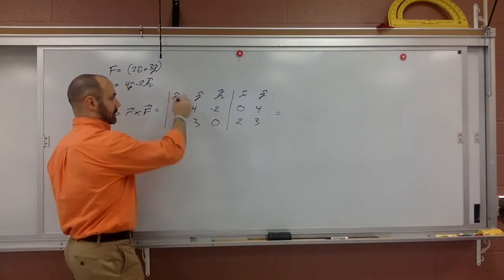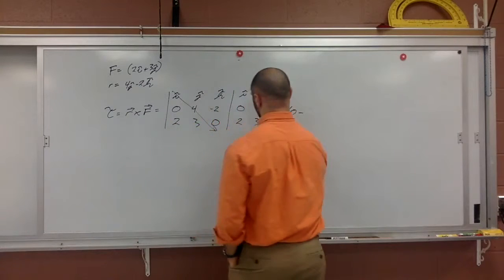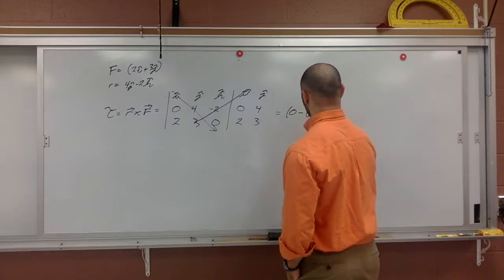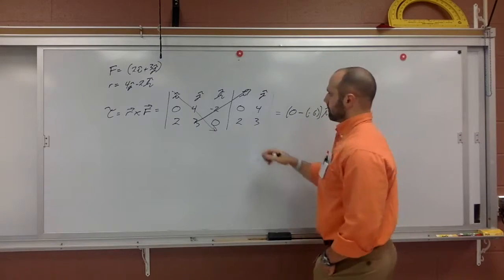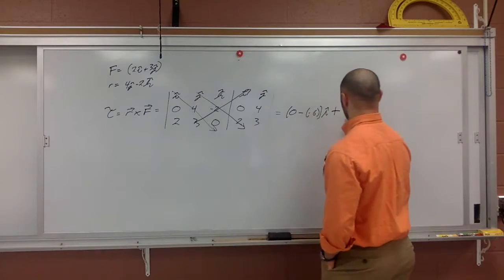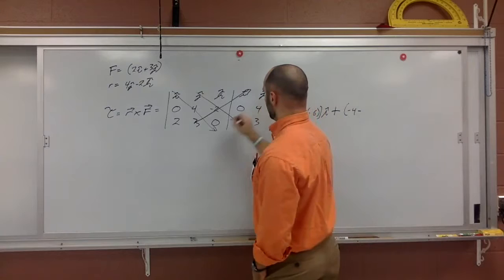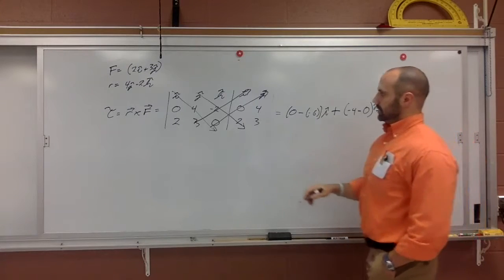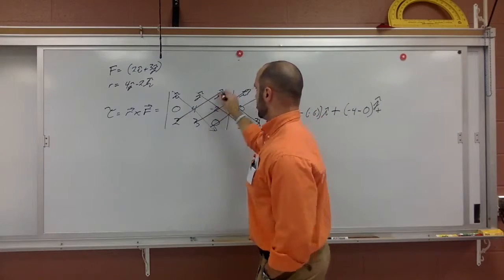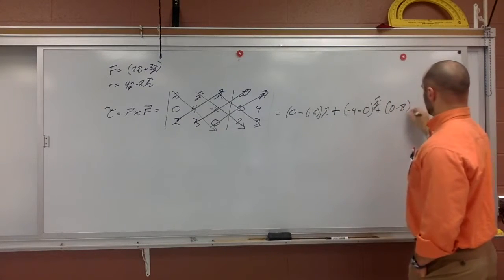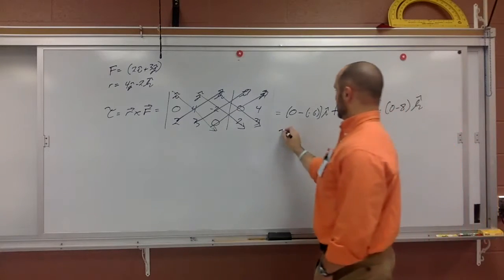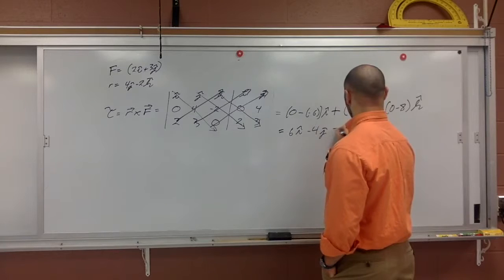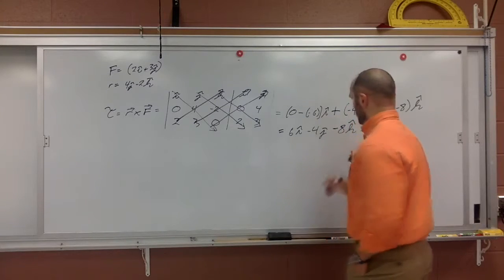Okay, so for the I part of it, I get 0 minus, and then this one turns out to be negative 6 I. Plus, for J, I get negative 4 minus, and then the other J is just 0. This is J. Plus, and then for K, I get 0 minus 8. Simplify the whole thing, and I get 6I minus 4J minus 8K.